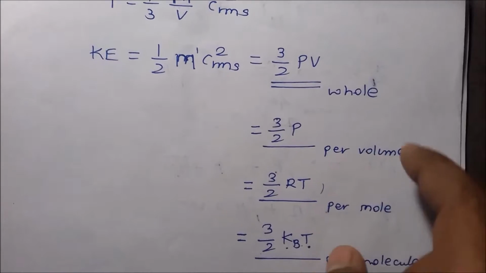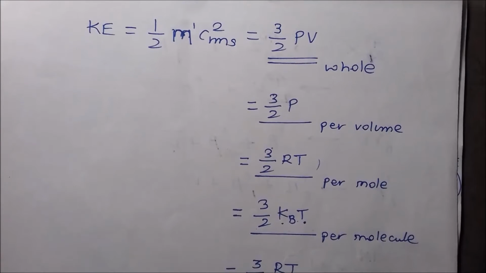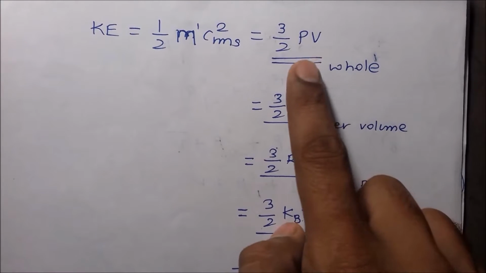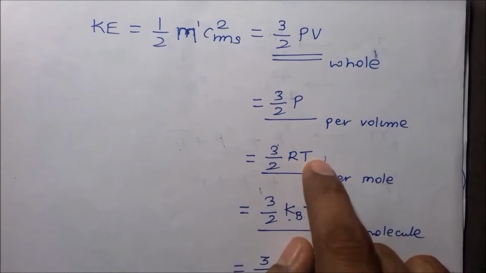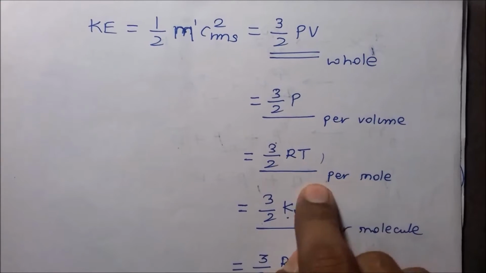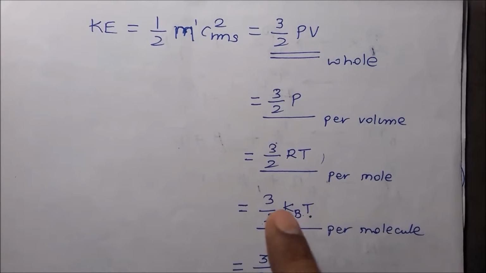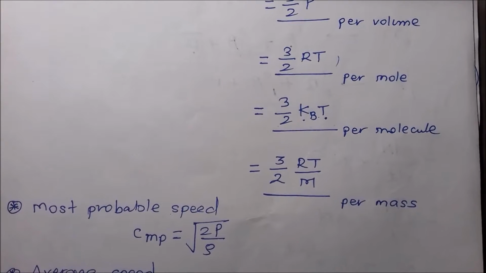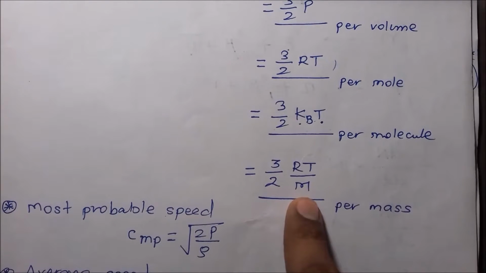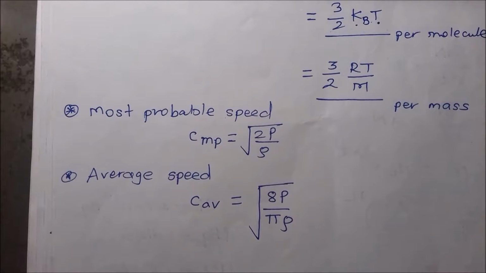Kinetic energy per volume is 3 by 2 P. Kinetic energy per mole: PV is equal to nRT, so instead of PV I have put nRT, but n number of moles is 1 mole. So RT. Per molecule 3 by 2 kBT, and per mass 3 by 2 RT upon molecular weight. Then this is most probable speed, this is average speed.